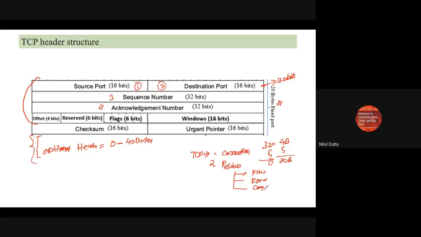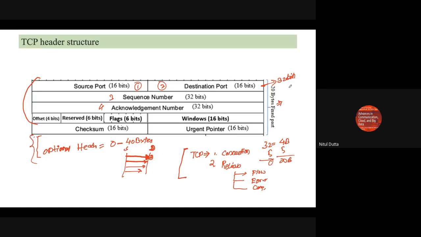And moreover, this TCP protocol ensures that if any data is transmitted to the destination, it is accepted by the destination. Unless the data transmitted is received by the destination, it will keep on sending the same data. That's why it is called reliable transmission.